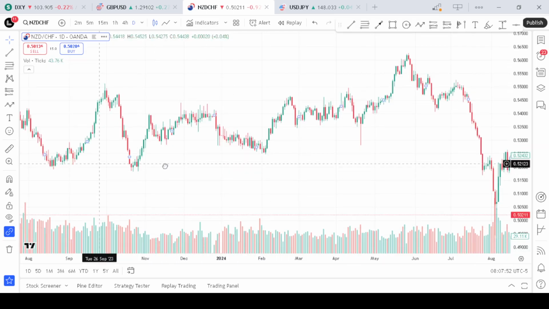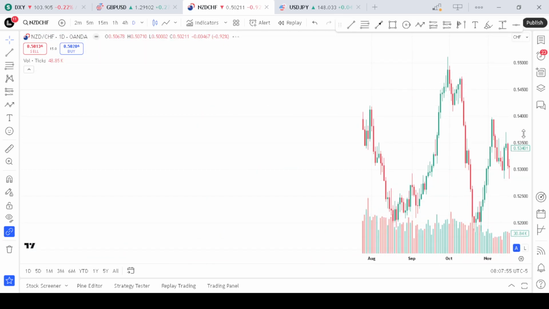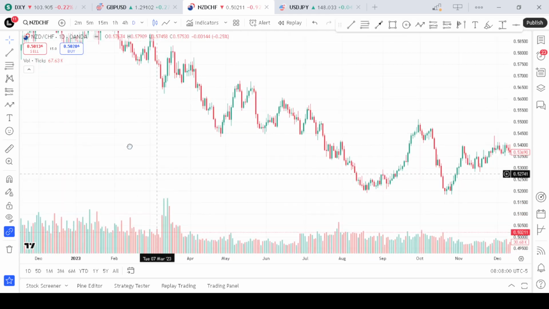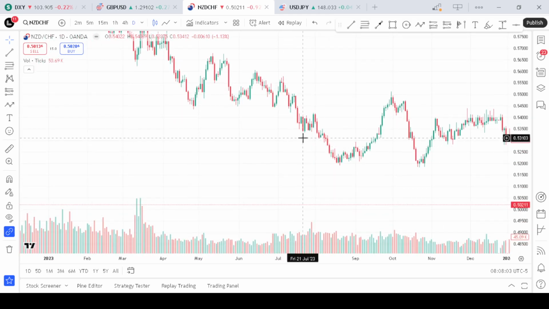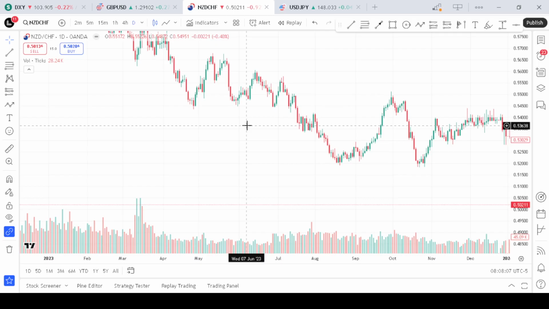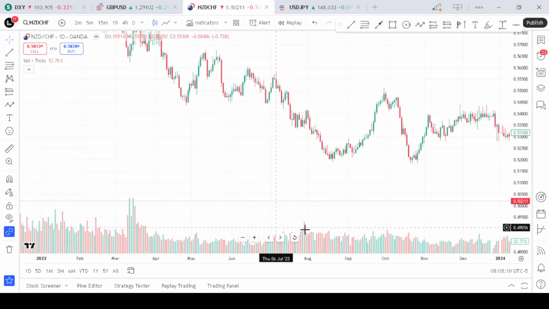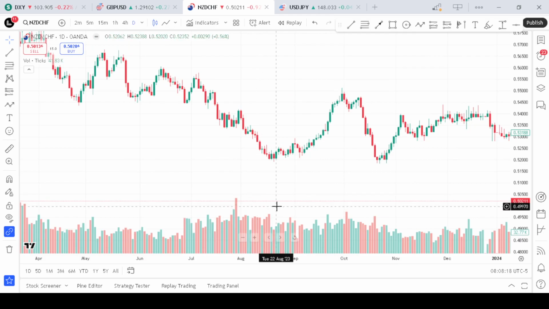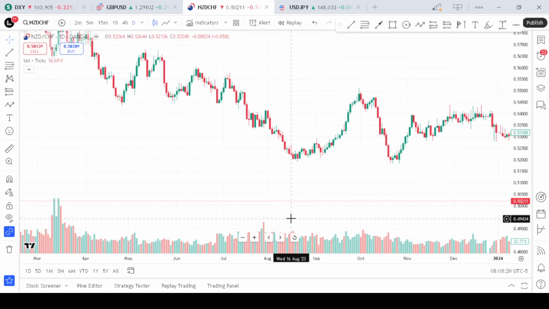From June to August, we are going to experience a weaker point in the market where the volume reduces. This is the month of June to August, we can see the volume is in a reduced form, showing that there will be a little bit of volatility in the market during this period in time.